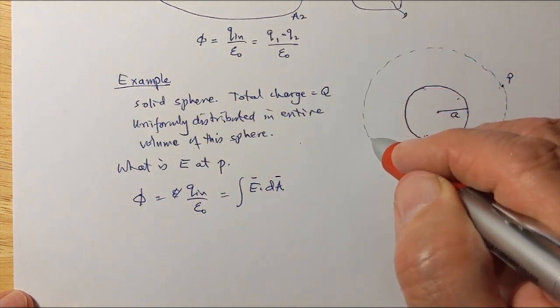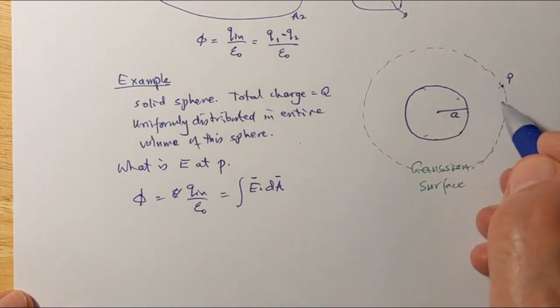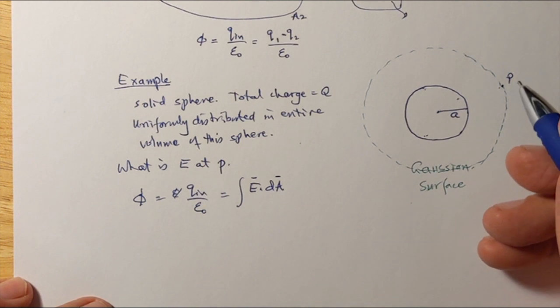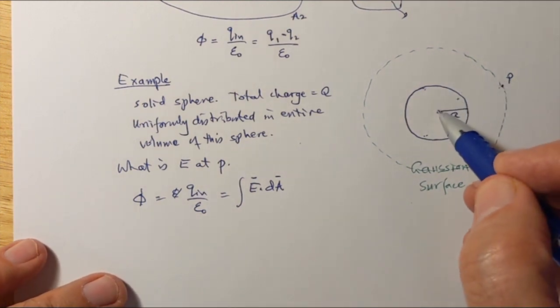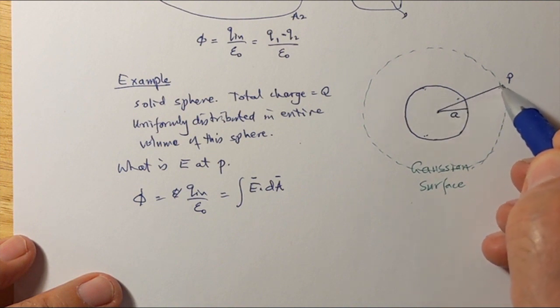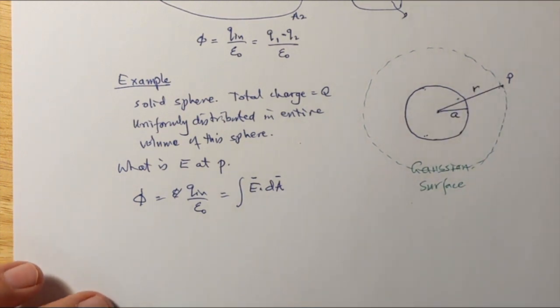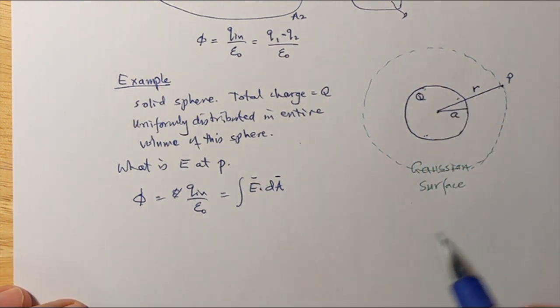So we make a Gaussian sphere, or surface, which is also a sphere, and it's at some distance from here. It doesn't really matter what the distance is, but let's say that it's at a distance r from the center. The total charge is q.